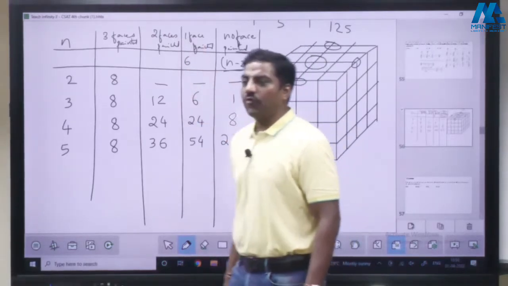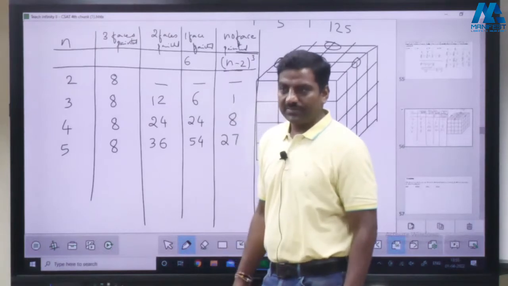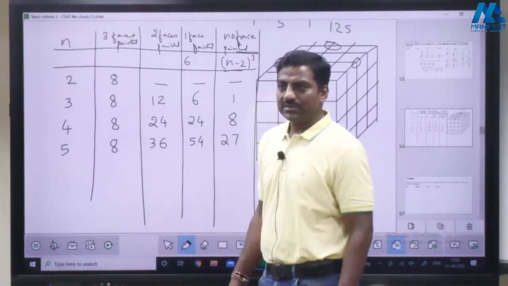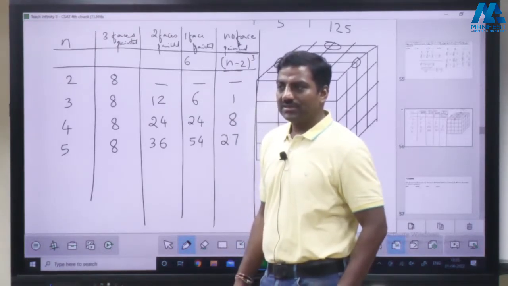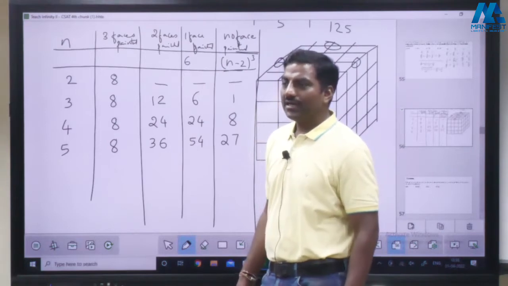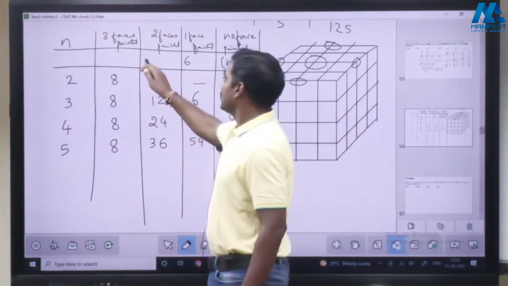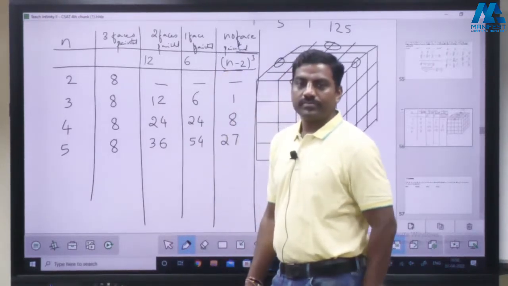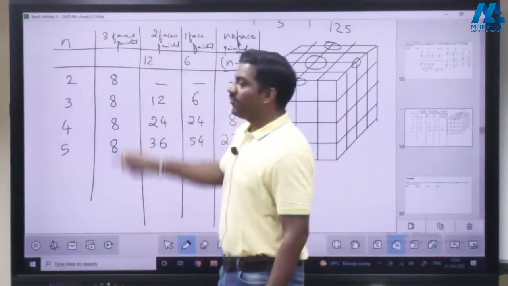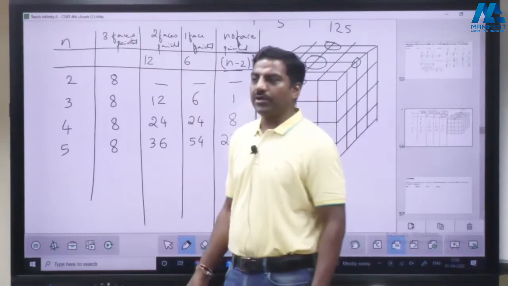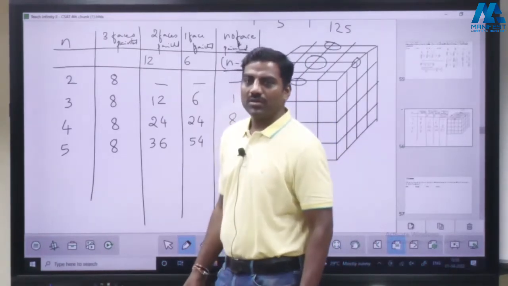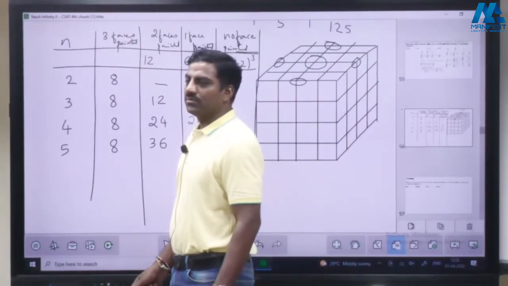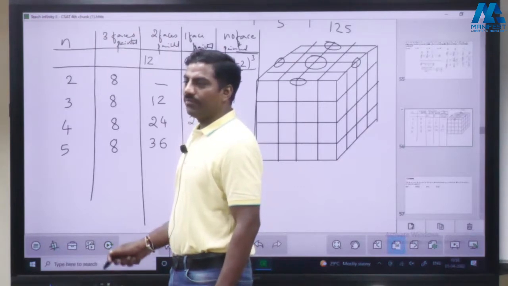And when we are checking for 2 faces, we are going to edges. How many edges will be there? And when we are going for three faces painted, what we are doing? How many corners will be there?